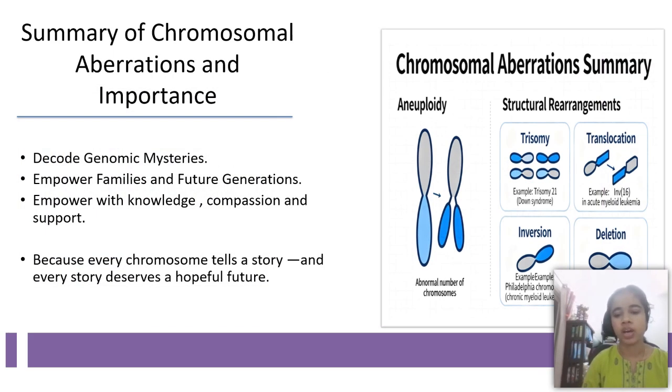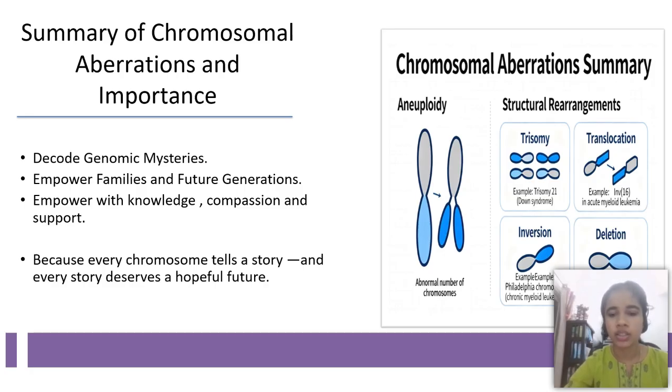So we explored how tiny changes in our chromosomes help shape development, health, and sometimes life itself. Chromosomal aberrations aren't just scientific events, they represent real families, real children, real futures.